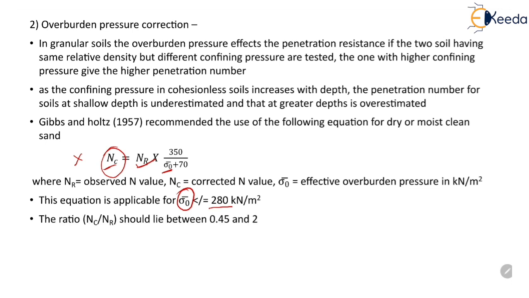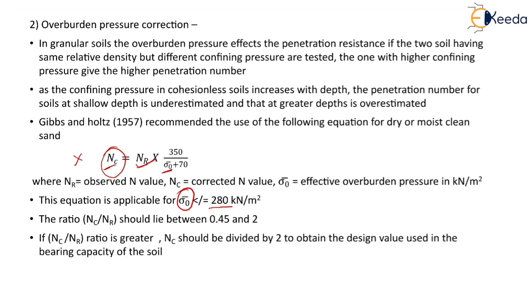Then this ratio Nc upon Nr should lie between 0.45 and 2. If this ratio is greater than 2, then the value of Nc obtained should be divided by 2 to obtain the design value used in the bearing capacity of the soil.